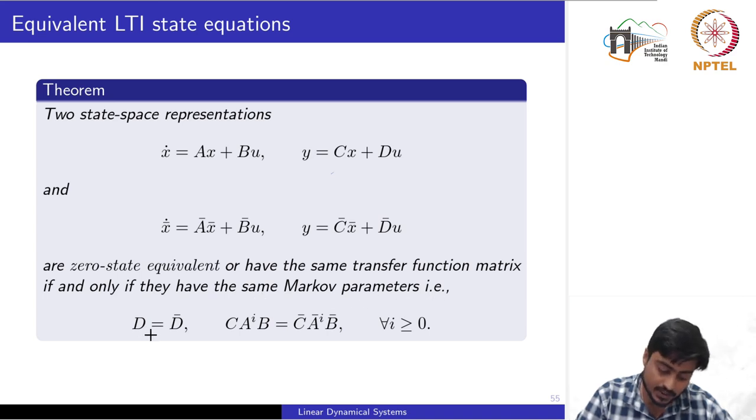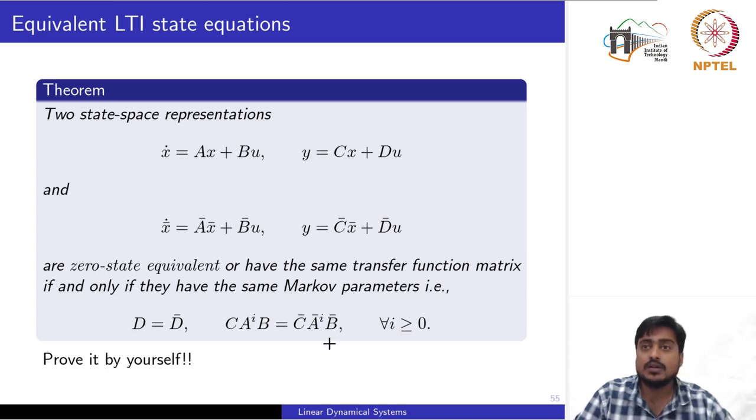That is, D equals D bar and C A^i B is equal to its bar counterpart for all i greater than or equal to 0. The proof of this result you can do by yourself. This is pretty much straightforward.